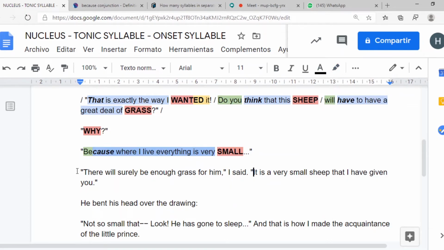Okay. So here, there will surely be enough grass for him. I said. So here I can chop this here and here.